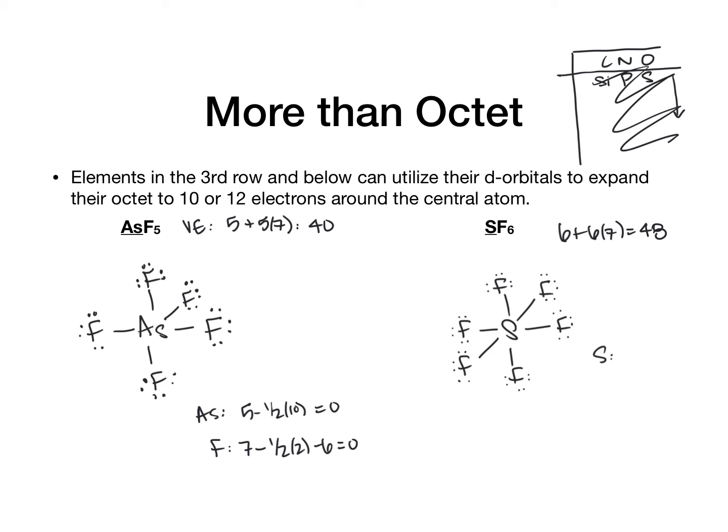So sulfur is 6 minus half of 12, and that's 0. And fluorine is 7 minus half of 2 minus 6, also 0. So in both of these, they have more than octet, but their formal charges are all 0.